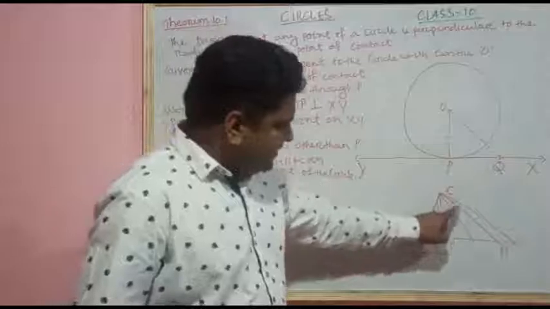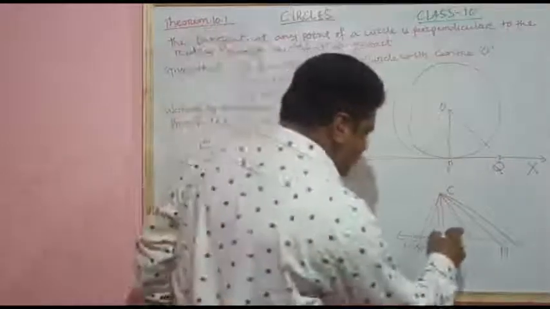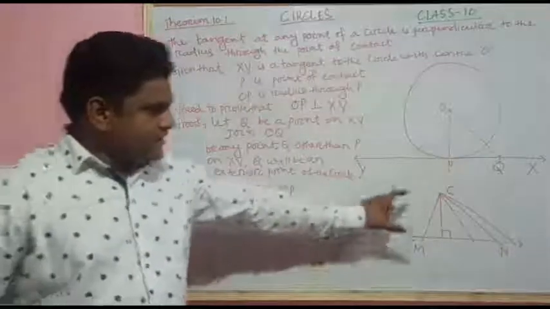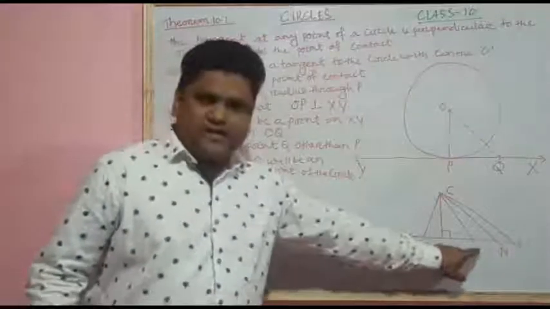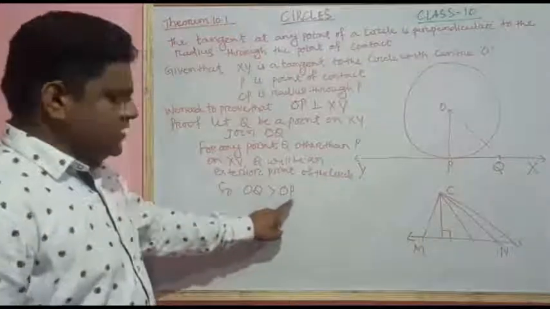The perpendicular distance will be the shortest distance, or the shortest distance is perpendicular to MN. We know it very clearly. So OQ is greater than OP.